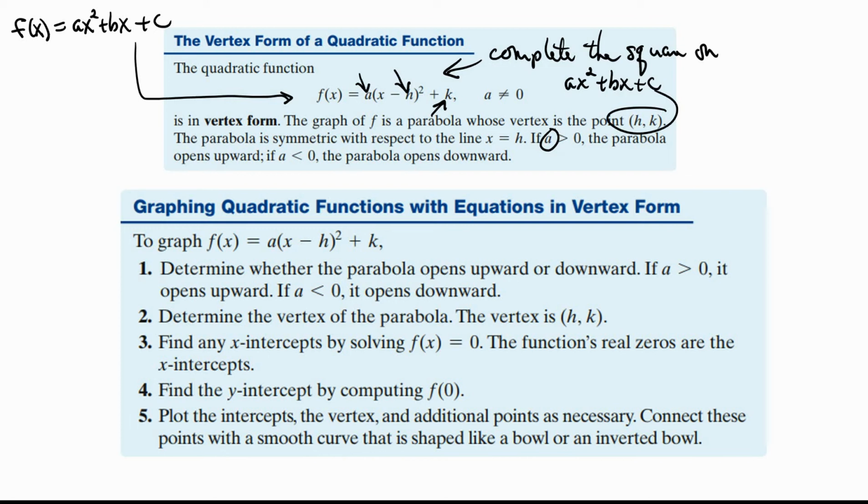If A is positive, then you always have a minimum. If A is positive, then we have a parabola, and this is just basic. So the parabola is shaped up. I'm going to always have some kind of minimum.